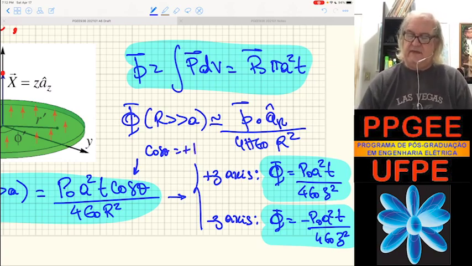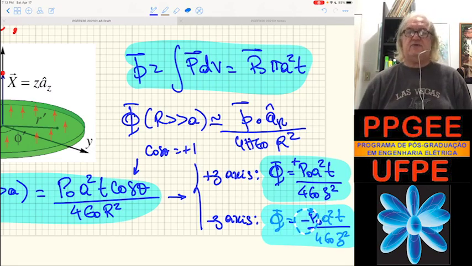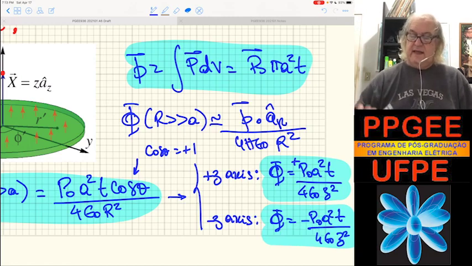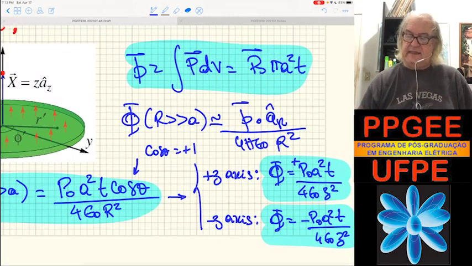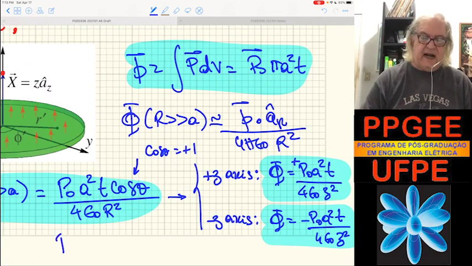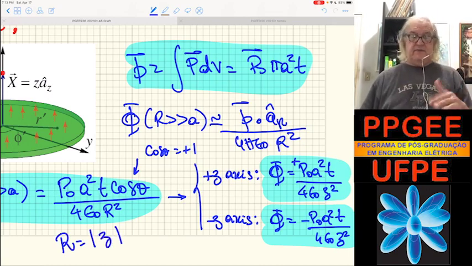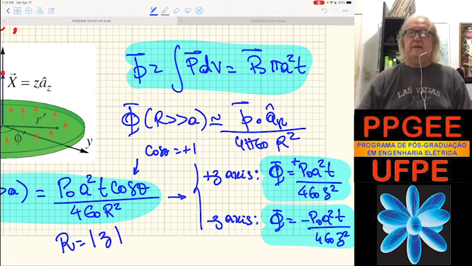So we have this result here. And on the minus z axis, cosine theta equals minus 1. And also the distance on the z-axis: r equals the magnitude of z, because z can be positive or negative. So it's going to be something like that. All right.